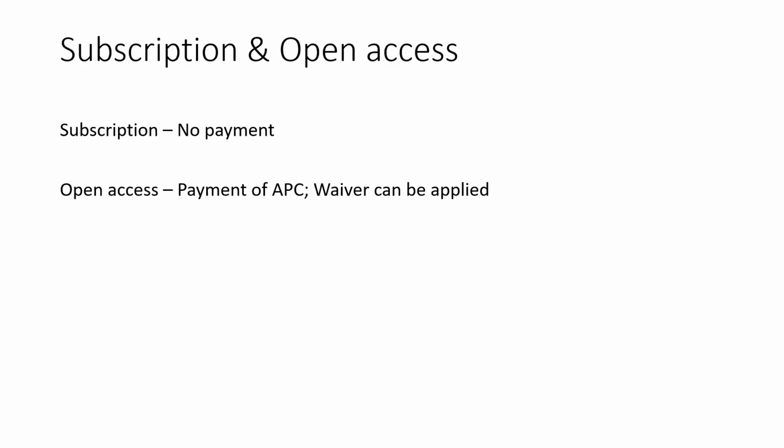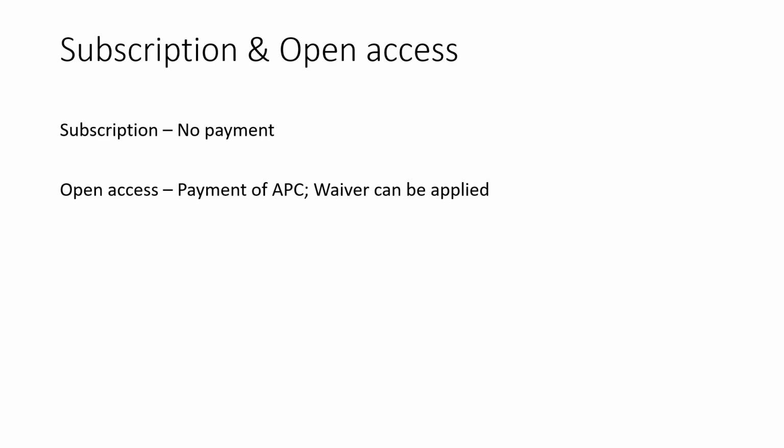So all the articles under Springer or Cambridge are available to the students and staff of that particular university who have already signed the bond with that particular publication house. But for subscription, you remember, you do not pay a single penny.